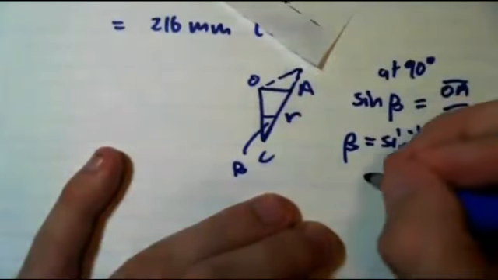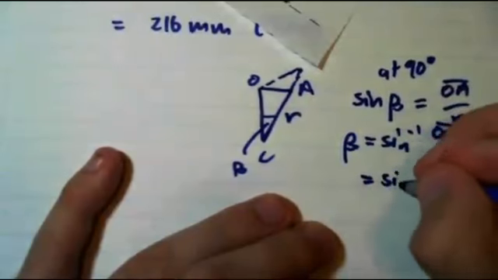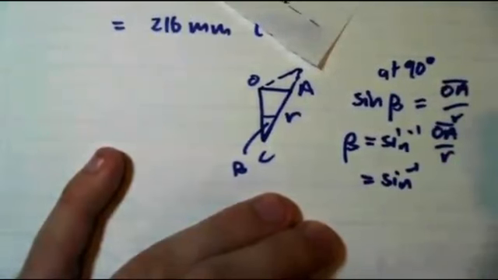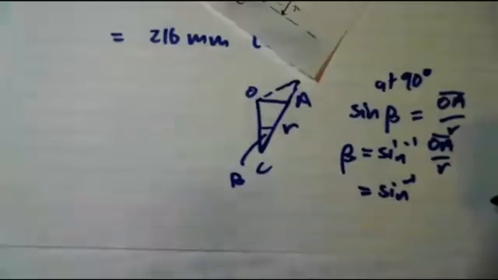We have to multiply this term by the sine of our angle. So sine basically represents a ratio.